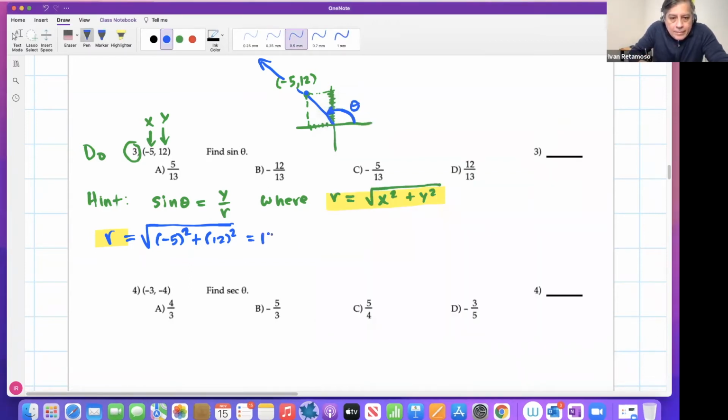And now, following the definition of sine, sine of theta equals y over r. Y is this guy, 12. R, we just computed, is 13. 12 over 13. It doesn't simplify, so this should be the final answer. You follow, guys? 12 over 13. Can you try this one now?